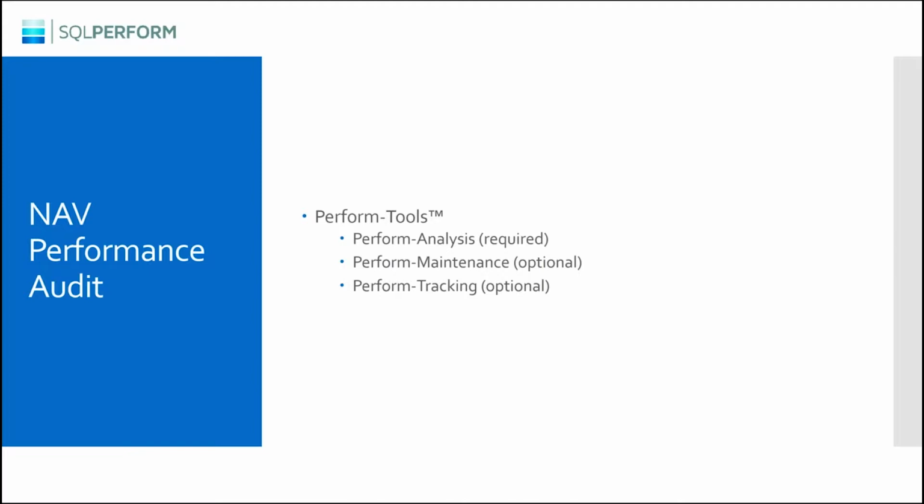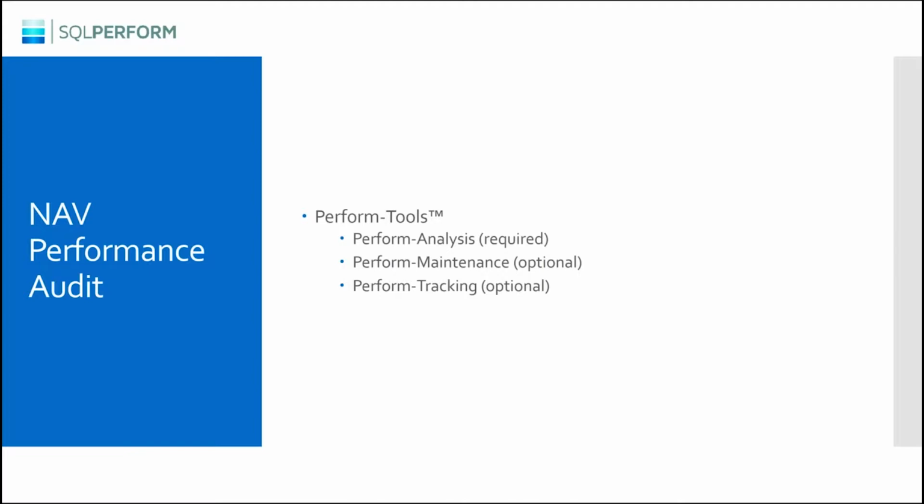So the Perform Analysis tools are SQL stored procedures that can be used on SQL Server. They're run as queries, and you can use these at any point in time to ask SQL Server how the system is currently behaving, what it is doing, and also to record some of the actual KPIs and behaviors of the system.